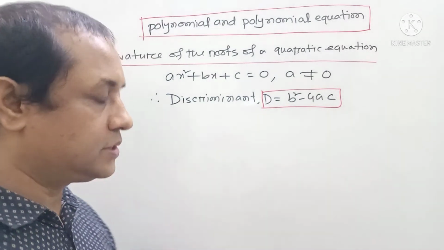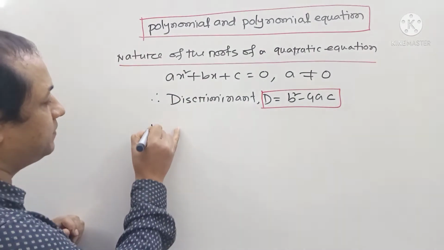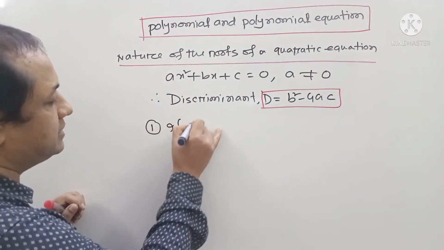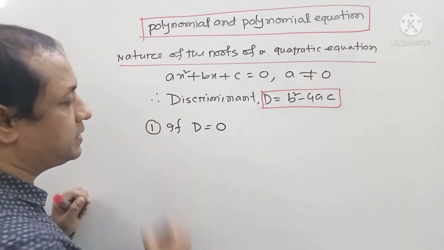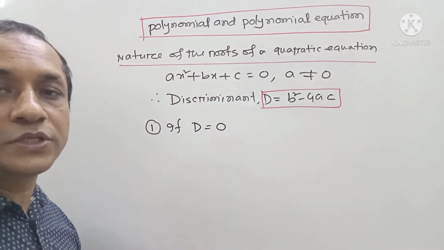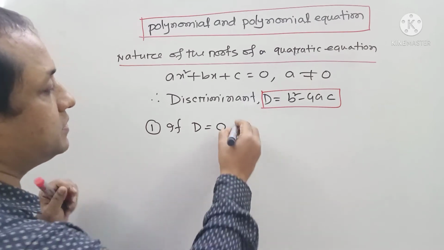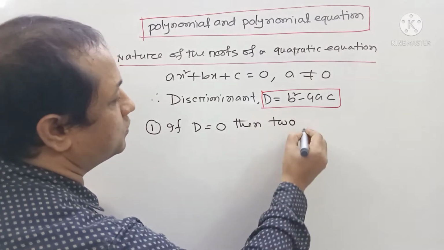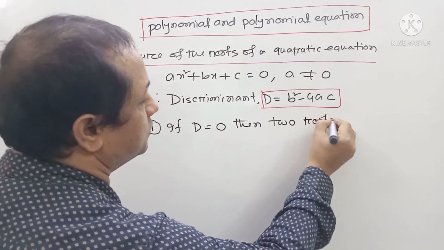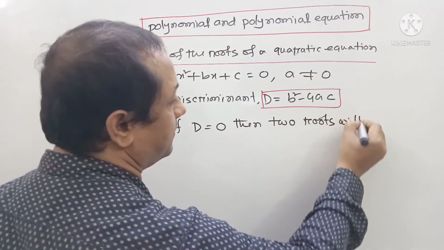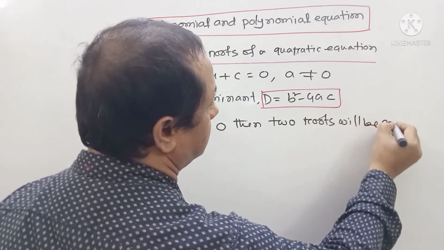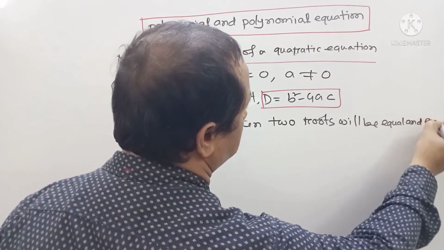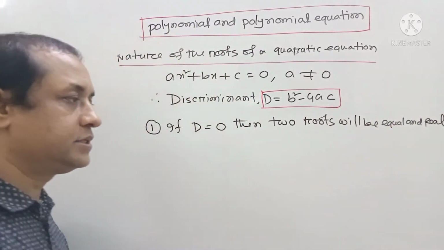So nature of the roots, condition number 1: if d equals 0, the value of the discriminant is 0, then the two roots will be equal and real.